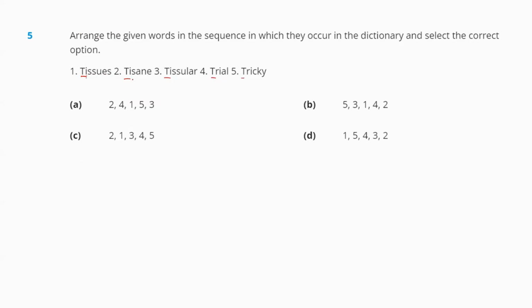Now I comes first, then R. So these two will not come first. Then S. Then again this is a first because A comes first. Then now S, S, U, U, L, E. E comes first, this will be second, and this will be third, this will be fourth, and this will be fifth.